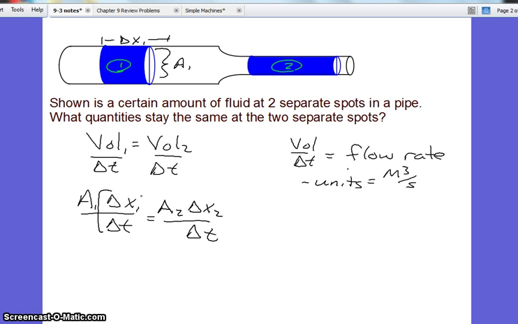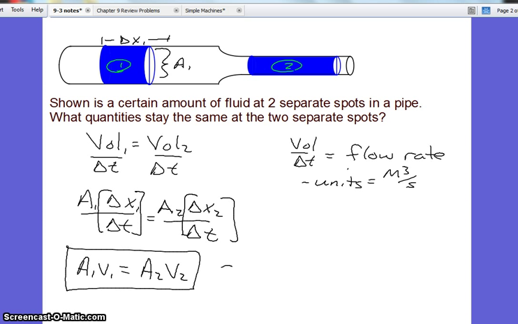Now, distance divided by time, we know from earlier this year, is the speed. So the area times the speed of the first section of fluid in the pipe is equal to the area times the speed in the second section of the fluid. This is what we refer to as the continuity equation.